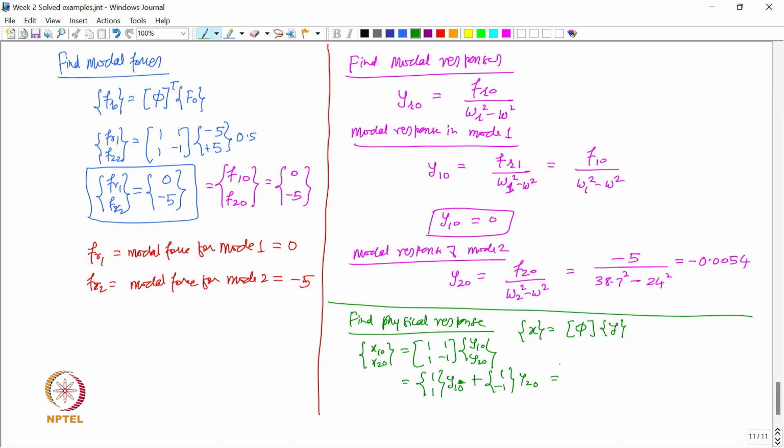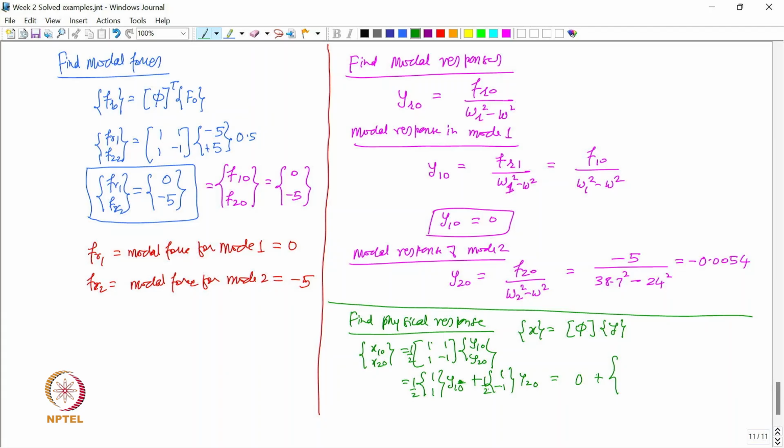And obviously now if you substitute our results, the first one is anyway 0, and then you get the result as plus, I am sorry, I think this is actually 0.5, so maybe I can divide the whole thing by 2.